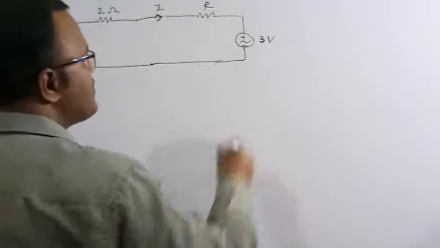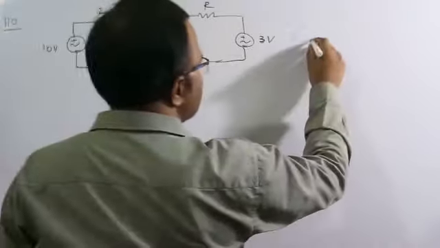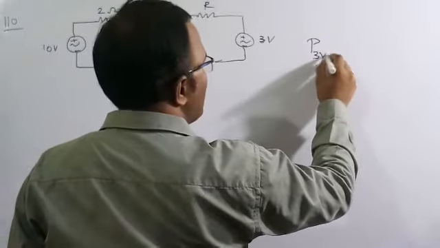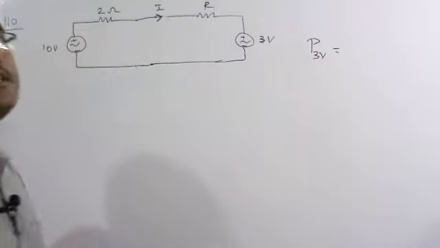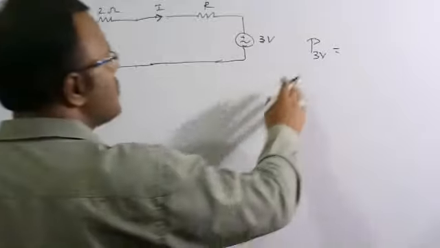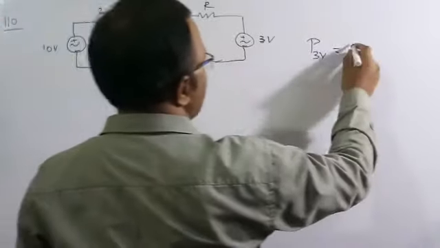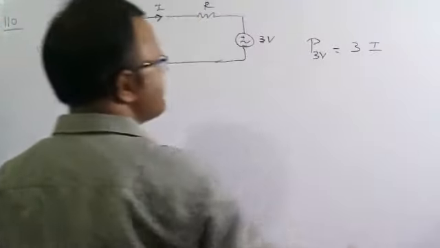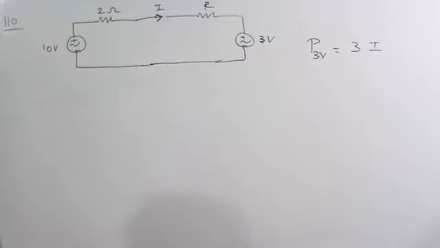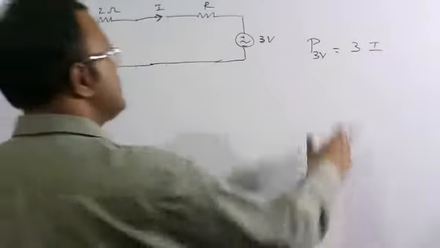So the power consumed by the 3 volt source: power is equal to voltage into current. The voltage is 3 and the current is I, so the power consumed by the 3 volt source is 3I.